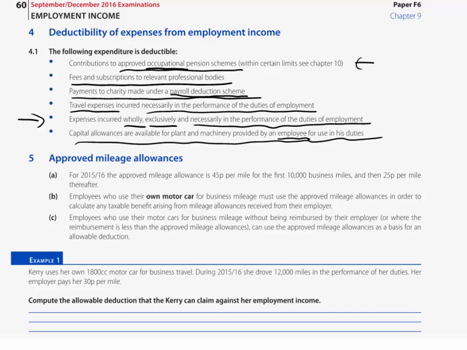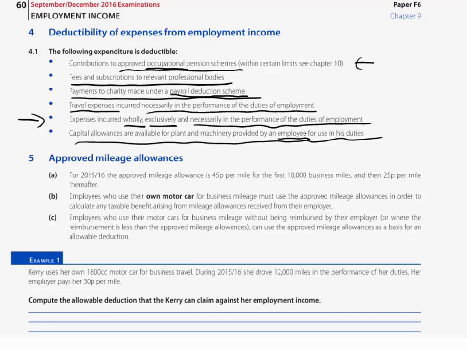Now again, one would reasonably expect that for an employee to perform his or her duties of employment, that they need certain items of plant or machinery, that would be provided by the employer, in which case there'd be no assessable benefit, and of course there would equally be no allowable deduction for the employee.